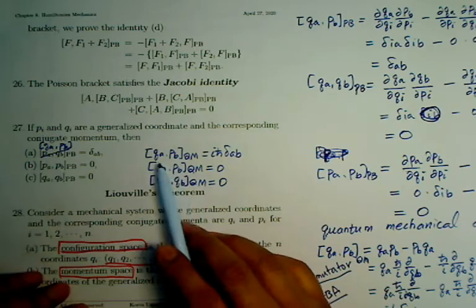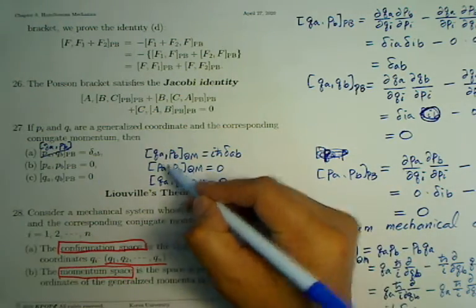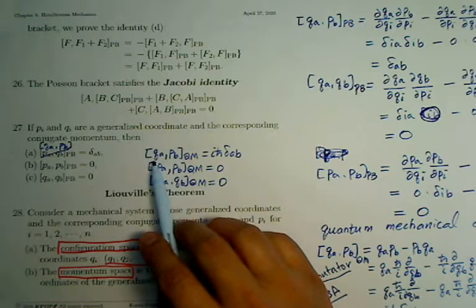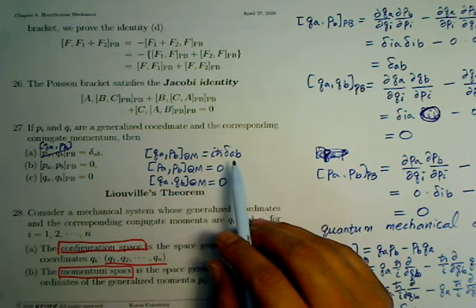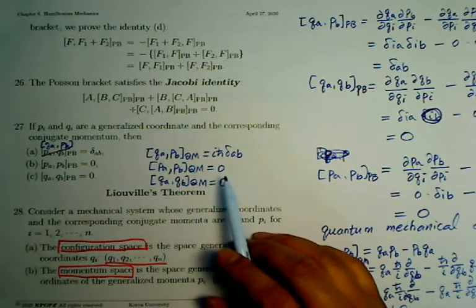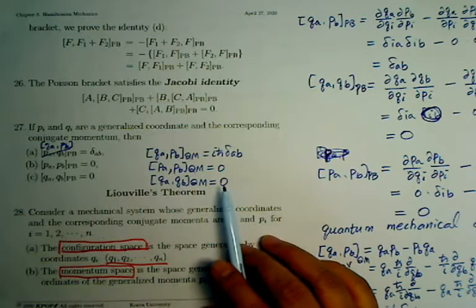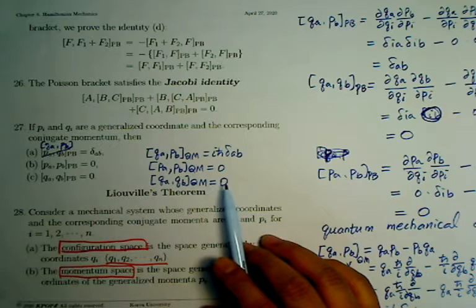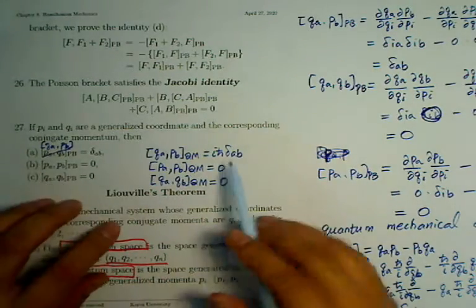You remember in quantum mechanics, the commutator of coordinate and conjugate momentum is always i h bar delta AB. Momentum with momentum always vanishes, and coordinate with coordinate always vanishes. Remember this.